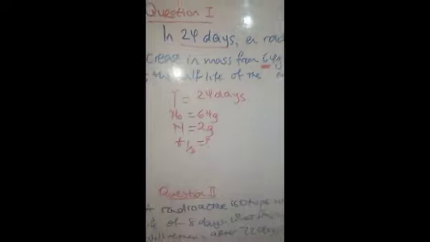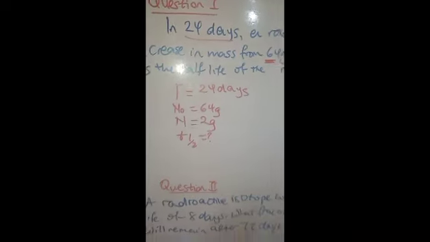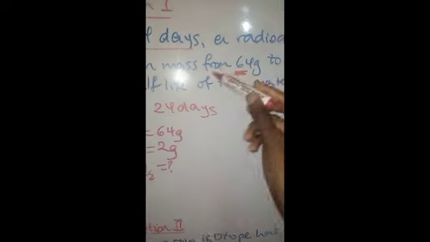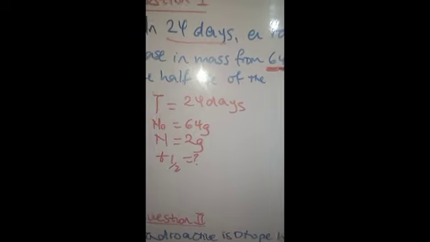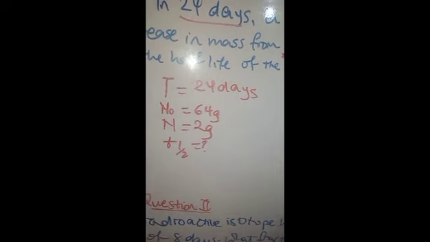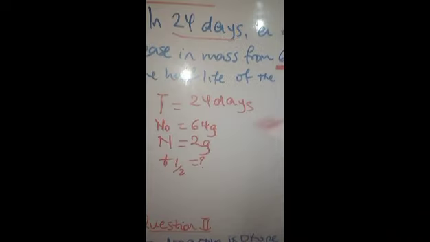Let me explain again in case you didn't get the interpretation of the question. In 24 days, your 24 days is your time. The decrease in mass from 64 gram means N naught is 64 gram, to 2 gram, so your final amount is 2 gram. They ask for your half-life.